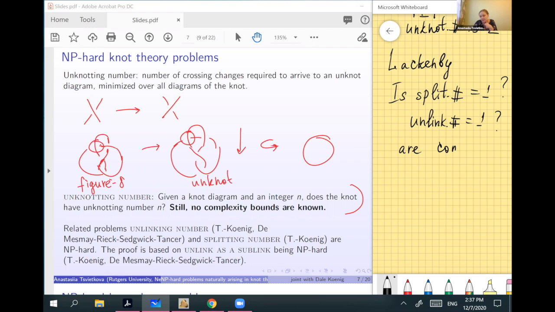So there is an algorithm, and it's not even for all links, but for, let's say, many links. So for links satisfying a bunch of restrictions. So that's as much as we know about upper bounds. But hopefully I'll show you today that both these problems have lower bounds, being NP-hard.